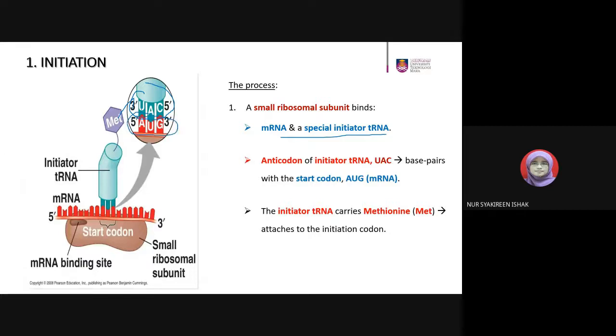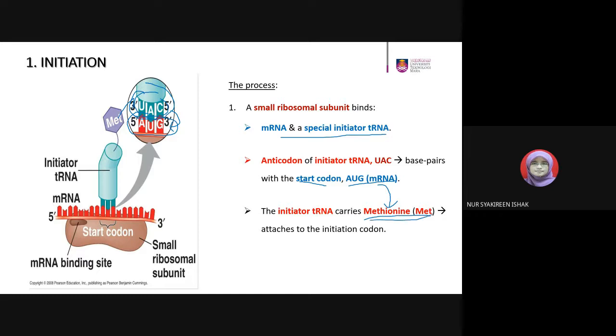UAC is the anticodon that is complementary to this start codon. The start codon AUG will code for the amino acid methionine. So AUG, the start codon, will code for the methionine amino acid, MET.